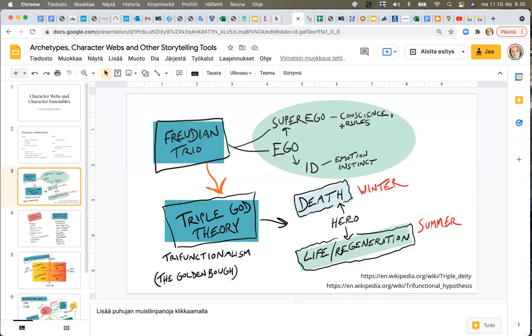Like super means something that is over, so over self, which is our conscience and morals and rules part. So this could be a combination of three different characters, like I said.